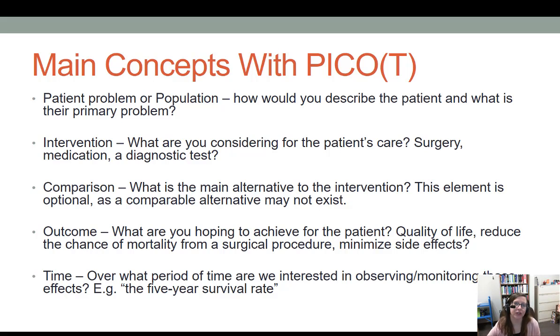Not every research question has a period of time in it, but it is a possibility, and a lot of them do, especially when we're talking about clinical research questions where researchers are trying to determine whether an intervention works, but they can't necessarily follow the research subjects over the rest of their lives. They just want to do a follow-up in 1 year, 3 years, 5 years, and see how they're doing.